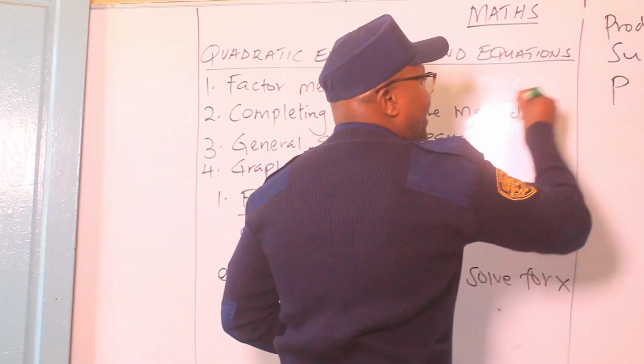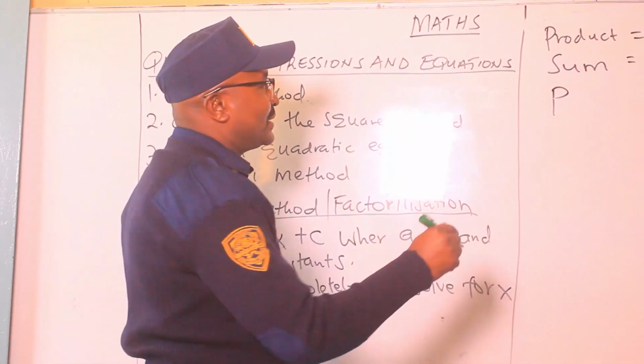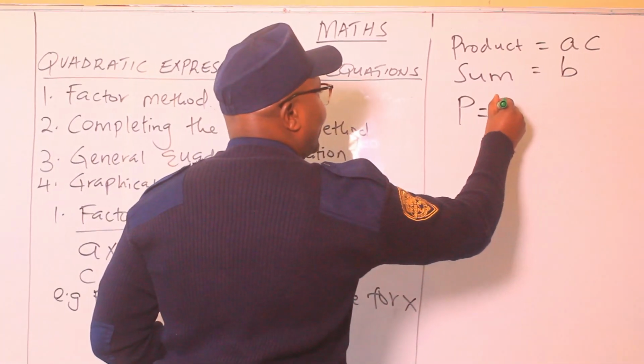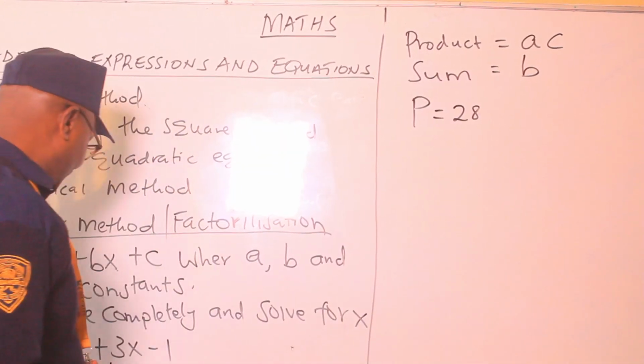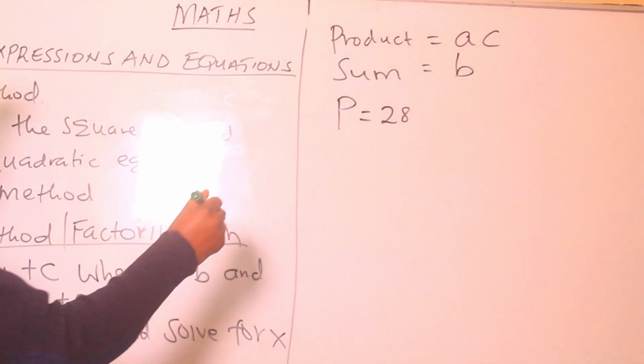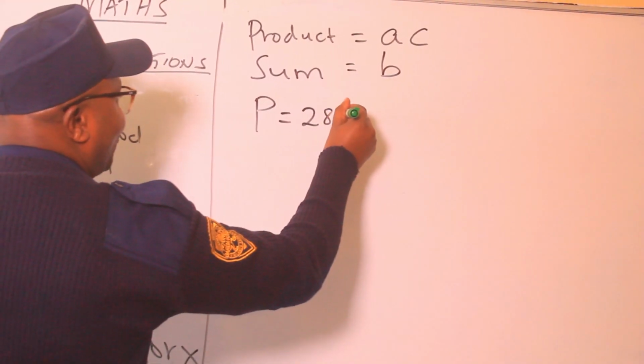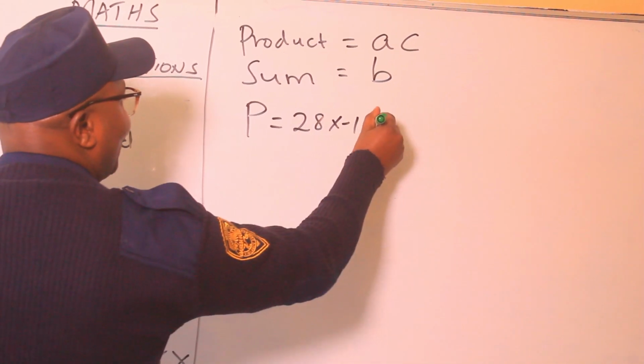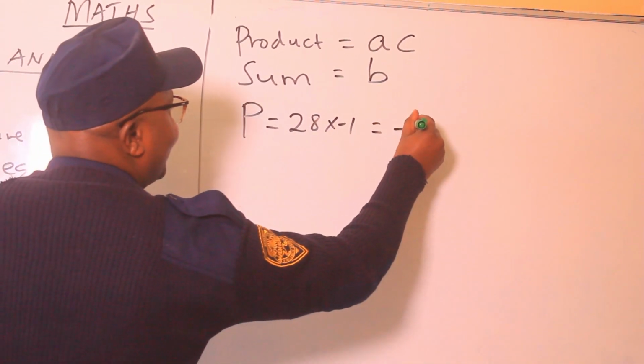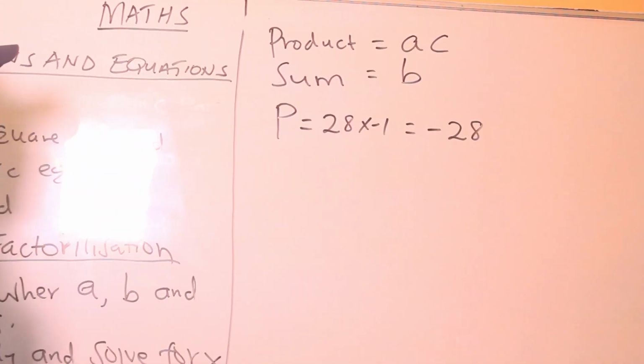So p, representing product, is equal to 28 multiplied by negative 1, and we get negative 28.